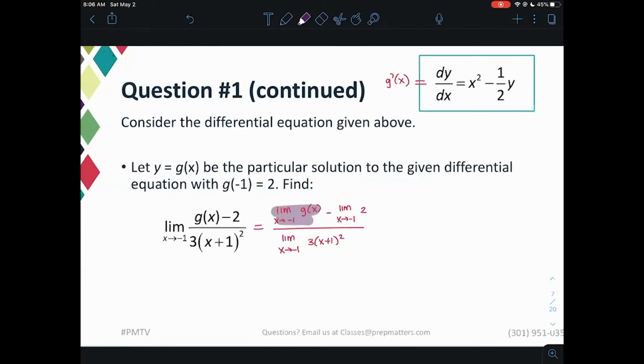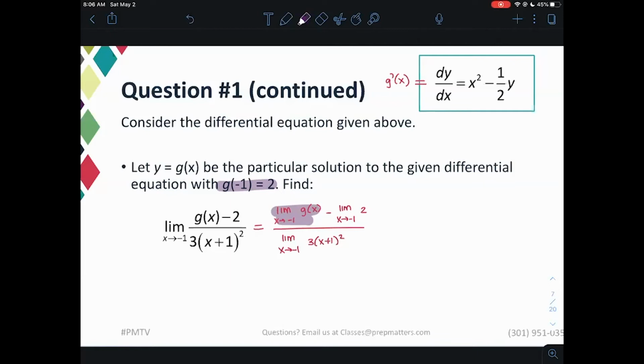This limit as x approaches -1 of g of x is equal to 2. We know that this function is continuous because it is differentiable. And when we do this, we get 0 over 0, which is indeterminate, which means that we can apply L'Hopital's rule and do this whole limit again after we take the derivative of the numerator and the denominator.